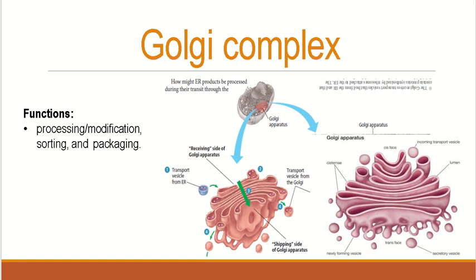And so technically, products of the ER are then being modified, and as they progress further during their transit through the whole Golgi complex, eventually they will reach the trans face or the trans Golgi network of the last Golgi stack or the shipping site, giving rise to secretory vesicles, different to that of your transport vesicles, as it buds off and travels to the plasma membrane to secrete the said product.